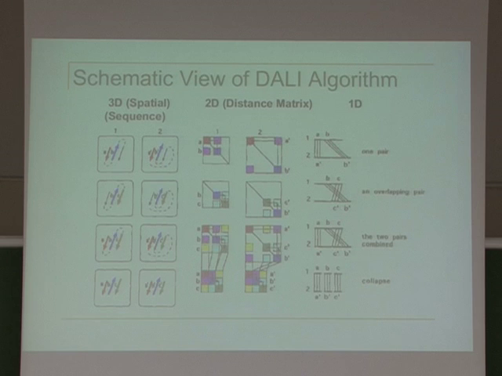For example, here we have two protein structures, protein structure 1 and protein structure 2. In protein structure 1, there are these two beta strands, A and B, that are close to each other in 3D space. The second structure may have other beta strands which are also close to each other in 3D space.